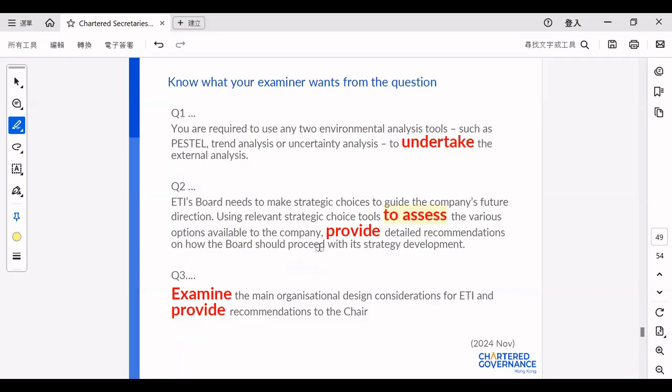So the best way to present your answer is that you have one paragraph with a clear heading, assessment of the different options. And then you have the different options and then different assessments.